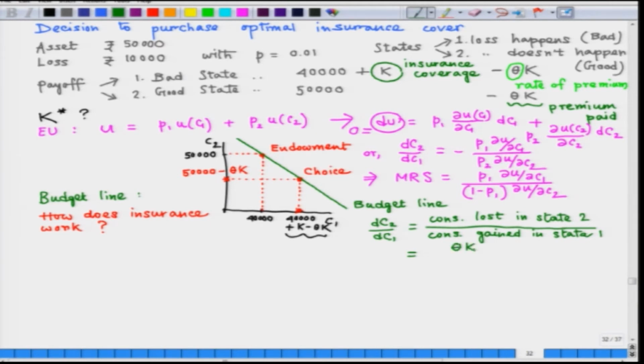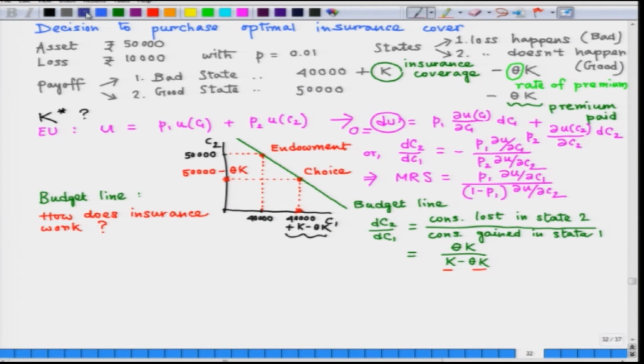So, this is the lost money in good state because the person has to pay the insurance premium, and this is what he is going to get if there is a bad state. So, the insurance company pays back the insurance coverage, but he has to pay the insurance premium anyway. So, the difference between the two is the consumption gained in bad state if the consumer purchases the insurance cover.